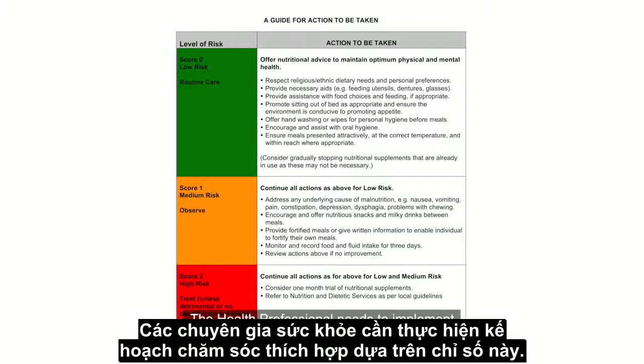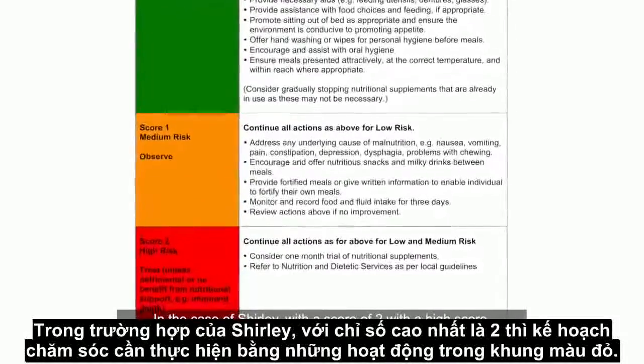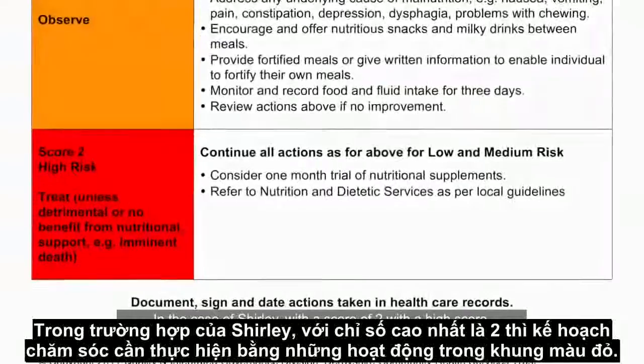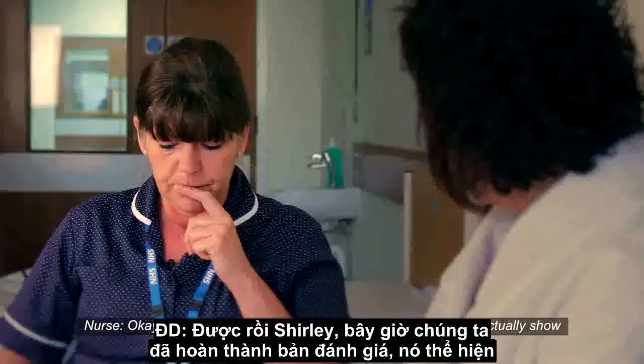The health professional needs to implement the appropriate care plan based on the score. In the case of Shirley, with a score of 2, a high score, the care plan should be based on the actions listed in the red box. Depending on her environment, the screening will be completed weekly in hospital or monthly if in the community.